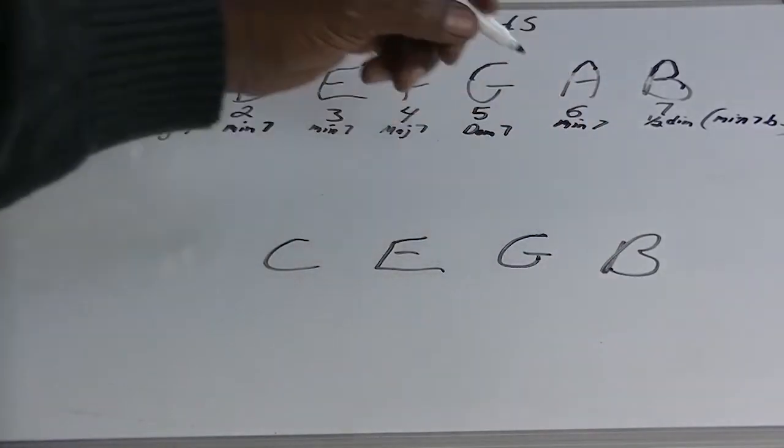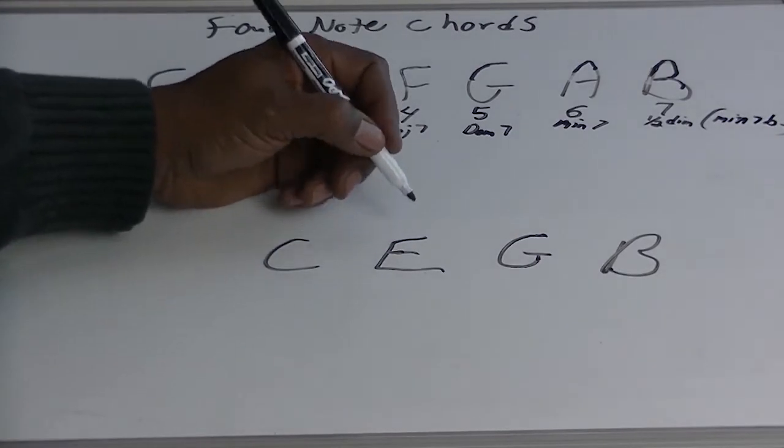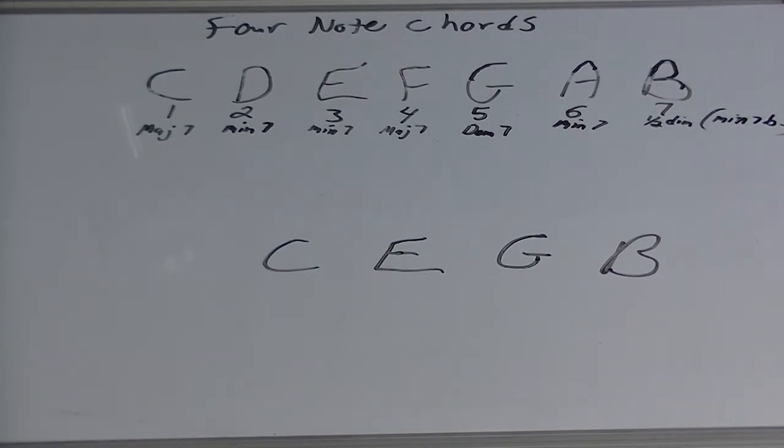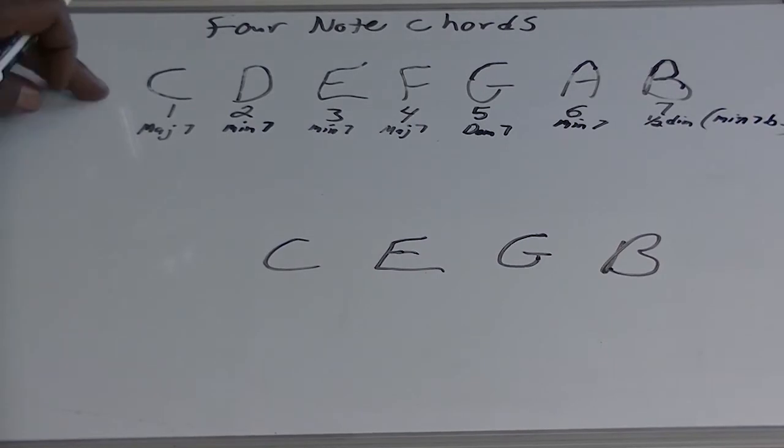And I'd like to perform a little analysis. For anyone who watched the lesson on chords and triads, we know that chords are derived from major scales. So in order for us to look at this chord, we need to analyze it with respect to the C major scale, which we have right here.